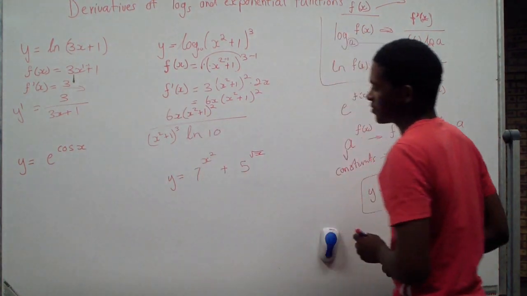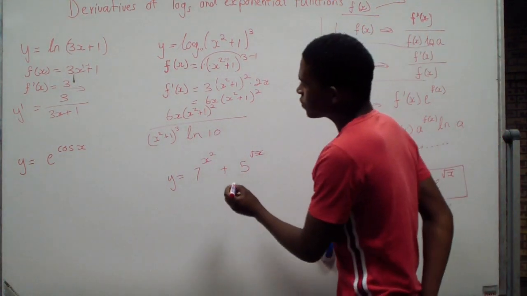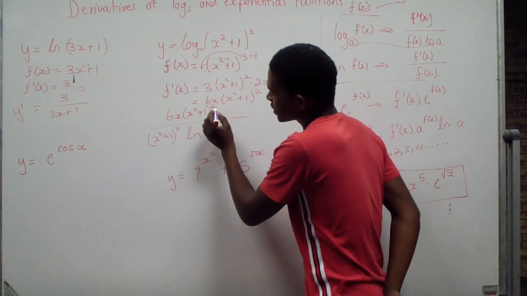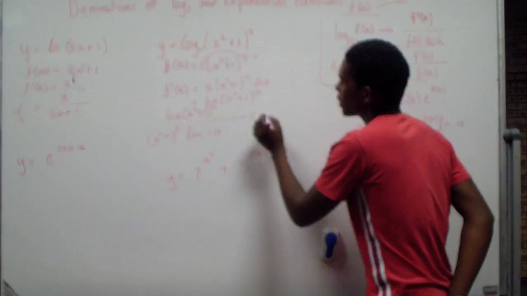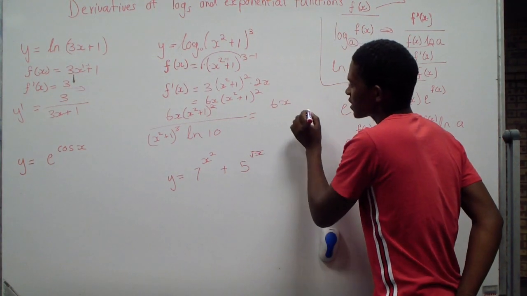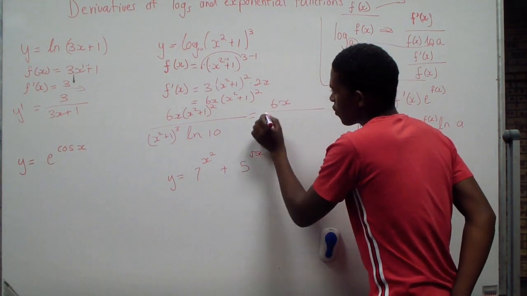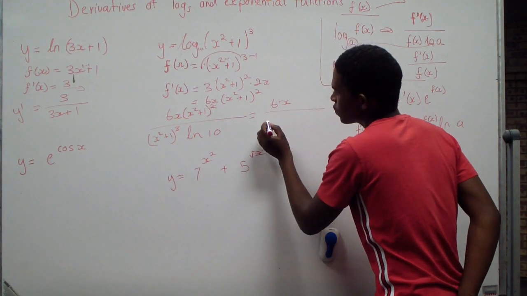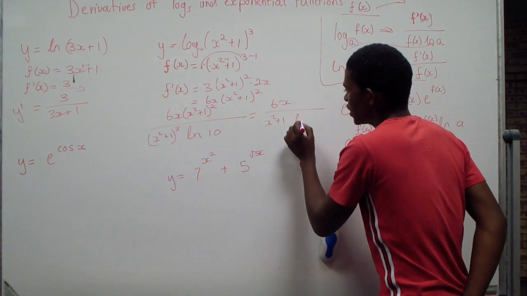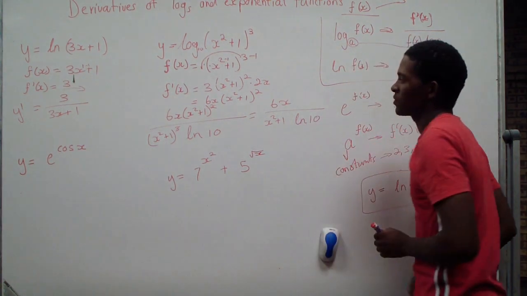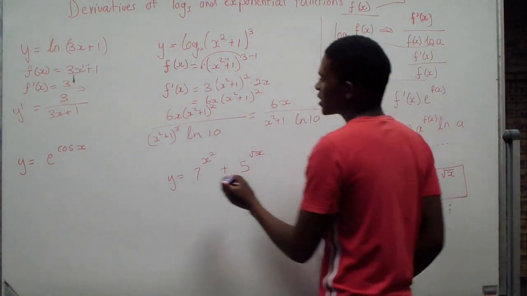My base is 10. When you do your math, I'll cancel this and this, so I'll be left with 6x over x squared plus 1 times ln of 10. So this is the derivative.